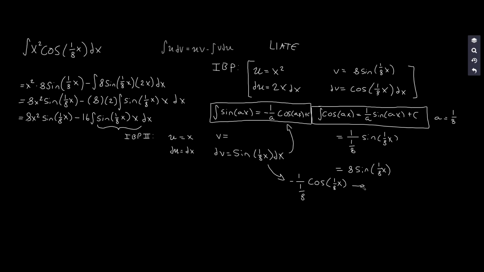And then that's going to be negative 8 cosine of 1/8 x. Pretty sure. And so v is going to equal negative 8 times cosine of 1 over 8 times x.